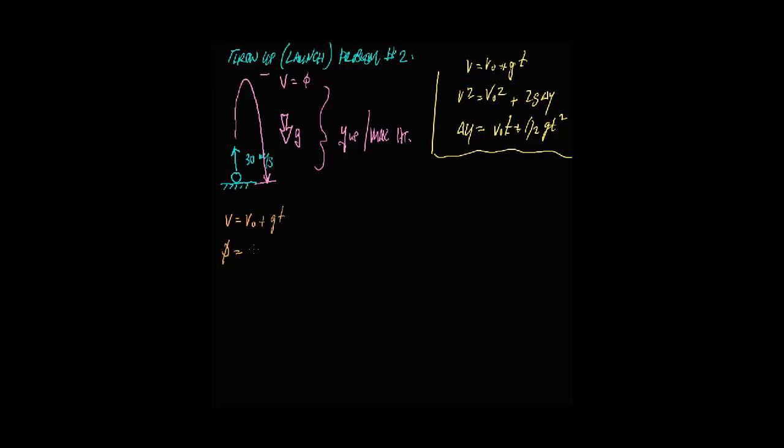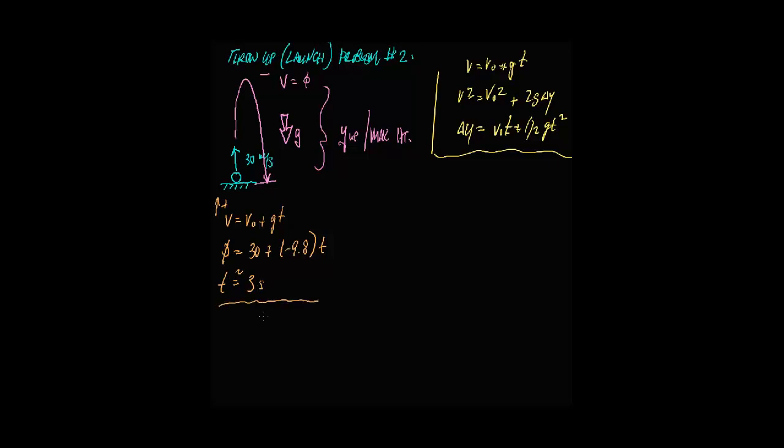Final velocity 0 at the peak, equals plus 30 here, plus minus 9.8 times t, because gravity is pointing down, and we're calling positive upwards. Now, if you get a negative time, it just means you missed that minus sign. It implies we went back in time, which we can't do, at least not right now. Anyway, this comes out to be pretty much 3 seconds, maybe a little hair over. I'm going to keep it at 3 seconds for easy numbers.